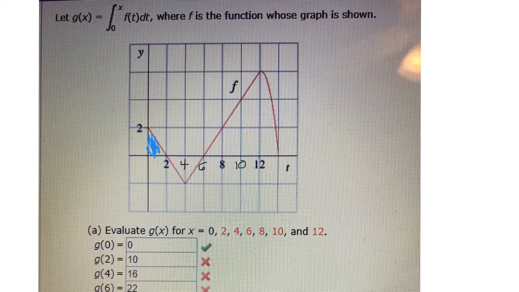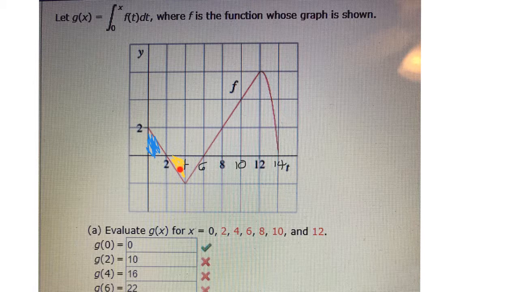That's 10. That's 14. So when they're asking for g of 4, that's the area under the red curve from 4 to 0. Well, this actually cancels out, doesn't it? Because when we take into account this triangle, the area between the graph and the x-axis, this yellow triangle is, we could call it, a negative area.